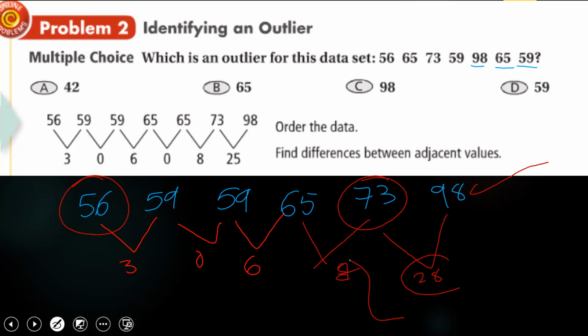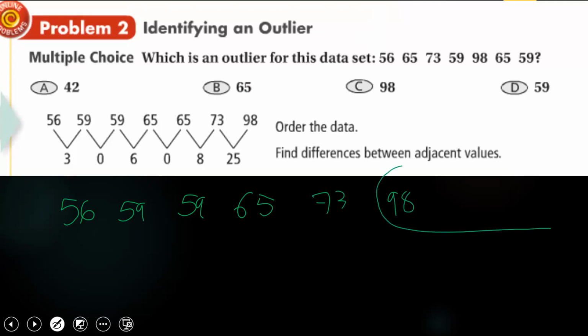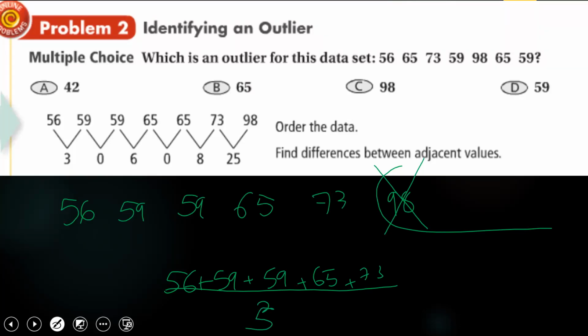Now look here at how the mean will be affected. If you have these numbers here, 56, 59, 59, 65, 73, and 98, and we remove the outlier, the mean will be 56 plus 59 plus 59 plus 65 plus 73, over 5.